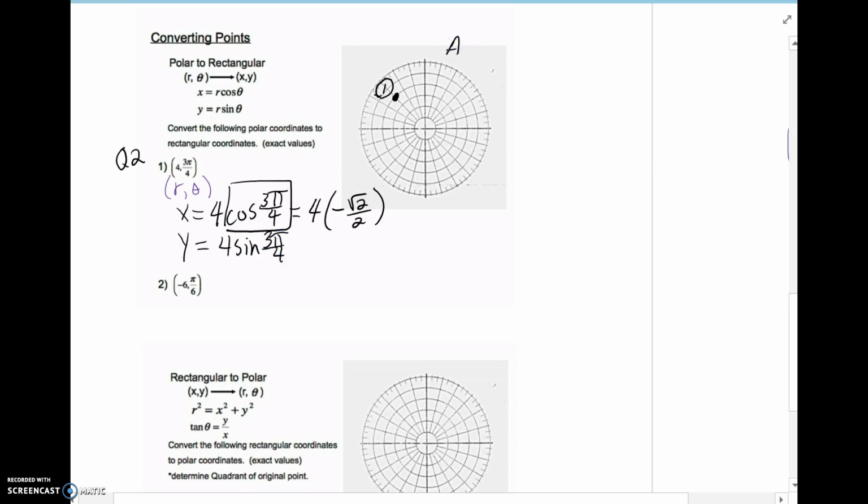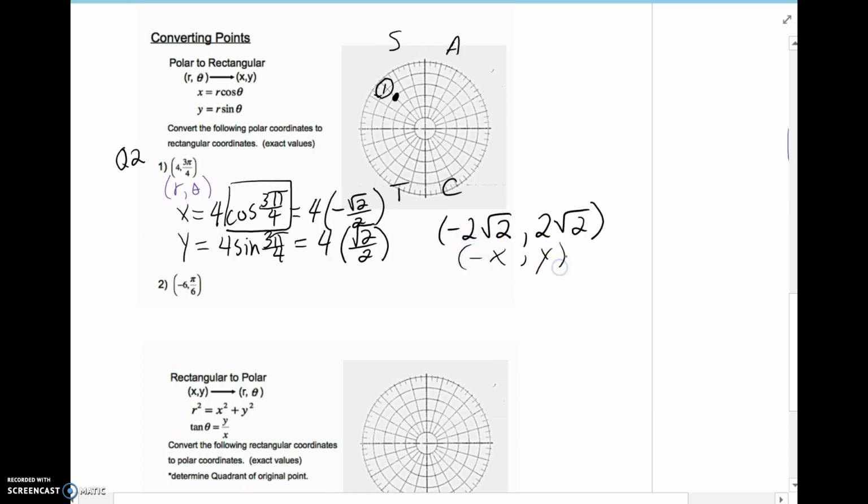So you do want to remember your All Students Take Calculus, which things are positive, which are negative. So sine is positive. We would do 4 times root 2 over 2. And we would get our rectangular point of negative 2 root 2, 2 root 2. And that makes sense. A negative x and a positive y does fall in that second quadrant. So the 2 points match up.